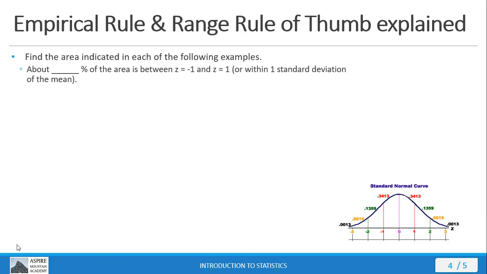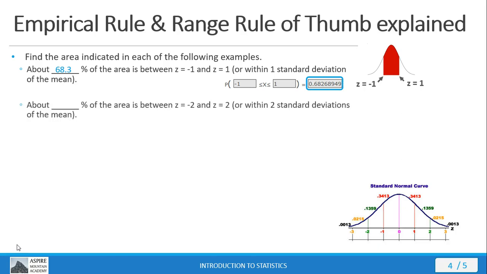Well, remember the empirical rule, you'll know that that's coming out from your actual standard normal distribution here, and that area corresponds to 68.3%, which, again, the empirical rule said 68% was within 1 standard deviation of the mean. Well, we can do the same thing within 2 standard deviations of the mean.